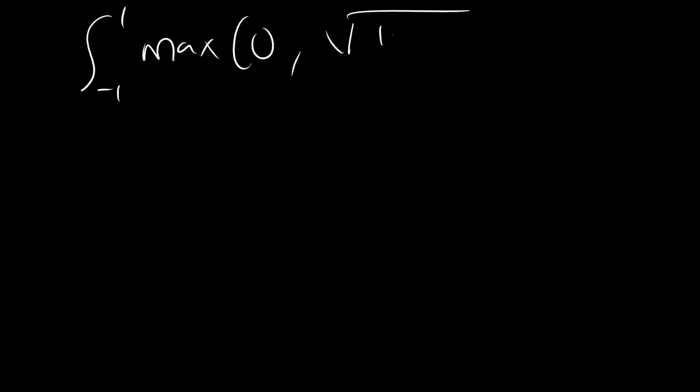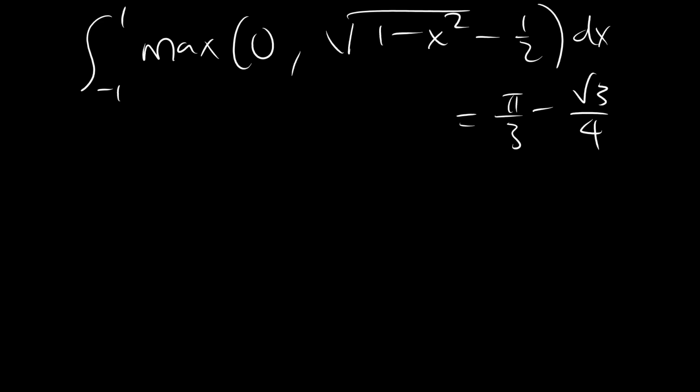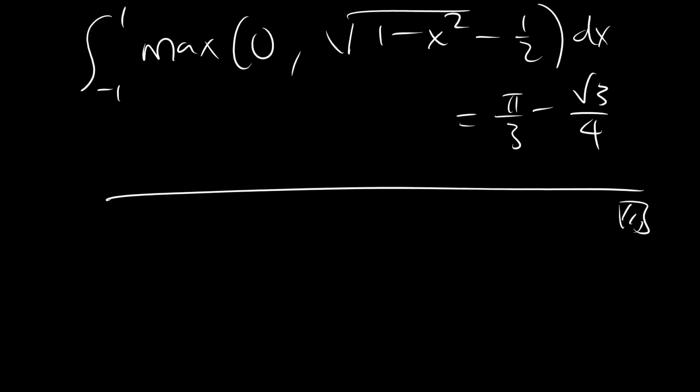So in other words, our integral from negative 1 to positive 1 of the maximum between 0 and the square root of 1 minus x squared minus a half equals pi over 3 minus root 3 over 4. And that, ladies and gentlemen, is our answer.